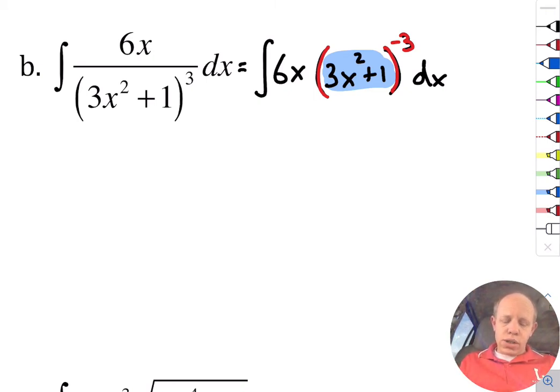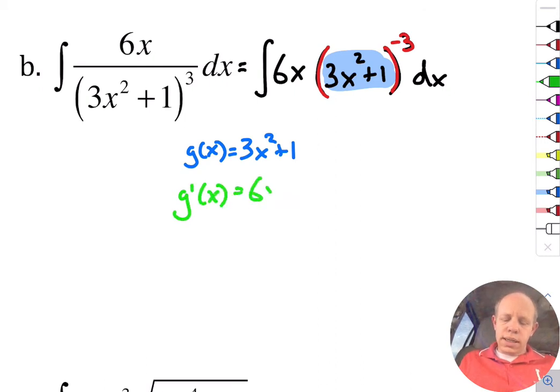So if we let g of x, the inner function, be 3x squared plus 1, then the derivative of that, g prime of x, is going to be 6x dx. And sure enough, if we look in the integrand, we have 6x dx. So the derivative of the inner function is there.